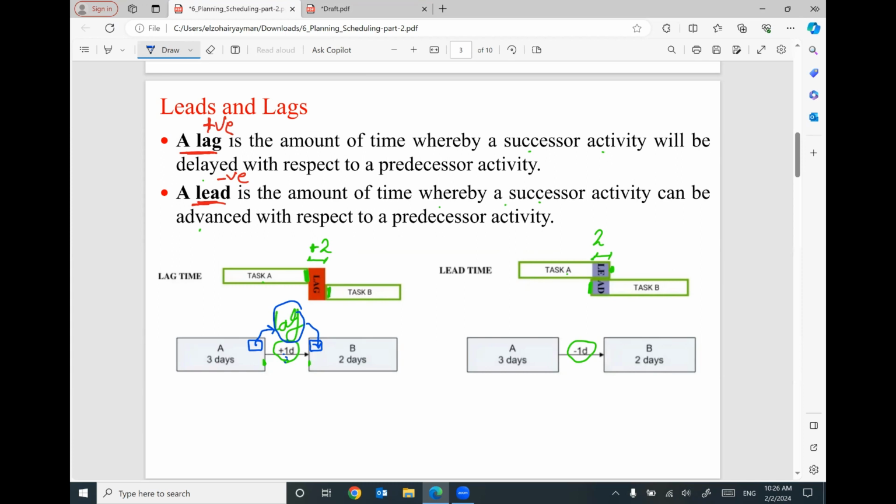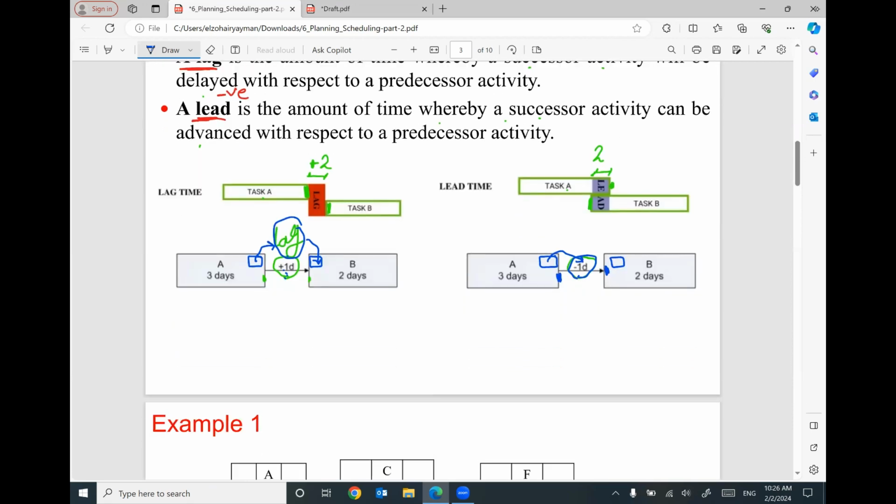The lead means before the end of this activity with 2 days or 3 days or whatever the lead here, I can start activity B. So the end of this activity, go ahead and subtract this lead, you can get the start of activity B. That makes sense? So leads and lags can be used in the relationship between the activities.